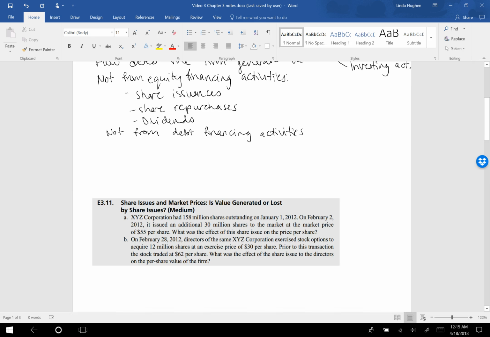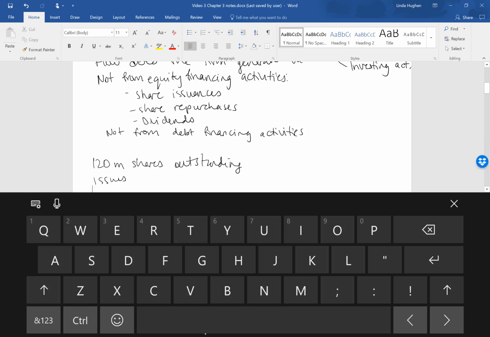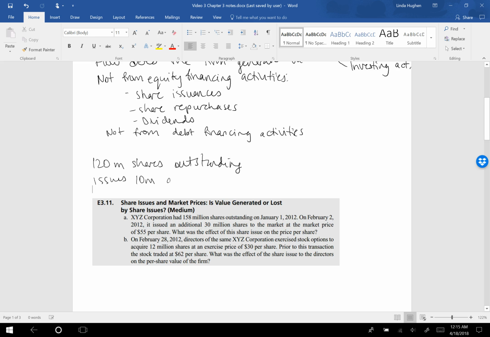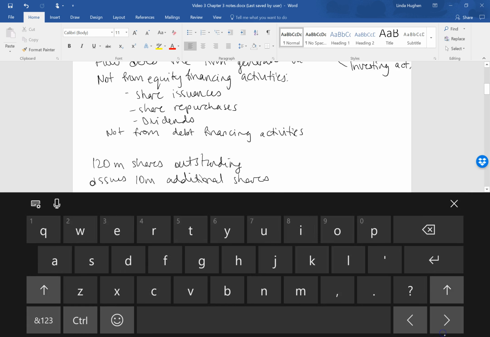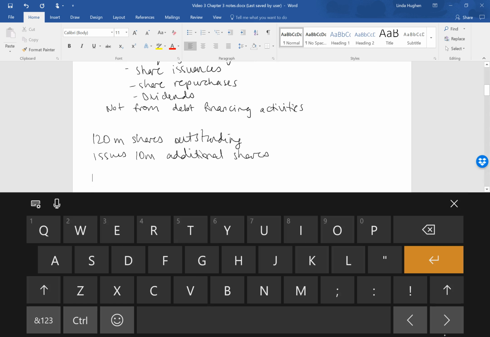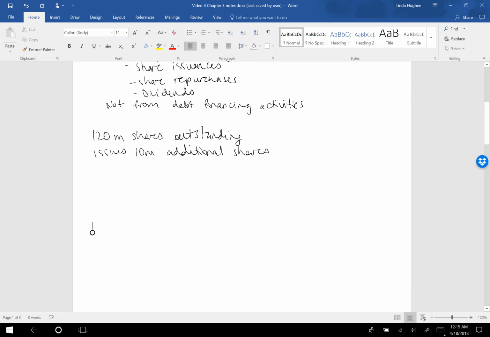Let's say that a firm with 120 million shares outstanding issues 10 million additional shares at the market price of $42 per share.